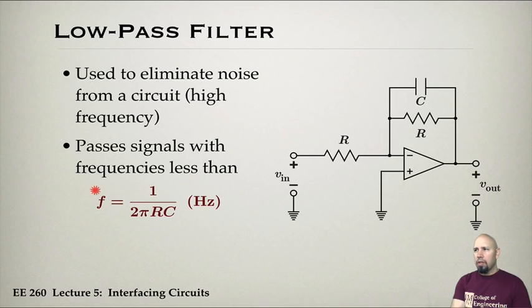A lot of things move relatively slowly, and so this value is what can be used to determine some of these things. The actual theory behind low-pass filters is certainly beyond the scope of this class. In fact, I don't think you even get into them until EE 312, so that's a little way off. But this kind of circuit can be used to filter out some of the noise before it enters your system. So that can be a useful thing.